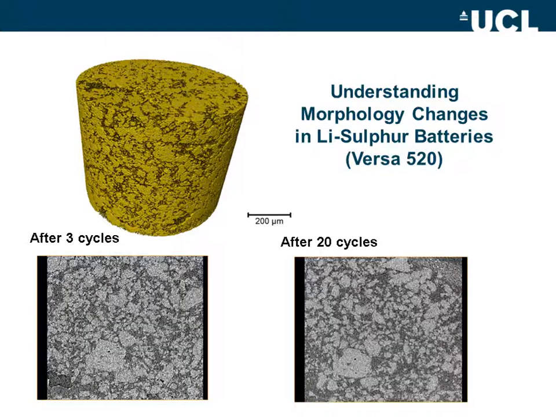All of these porous materials and the microstructure of these porous materials will have a huge influence on the performance of the device. And so we're very keen to apply these imaging techniques to the broad spectrum of electrochemical energy materials that we're researching today.